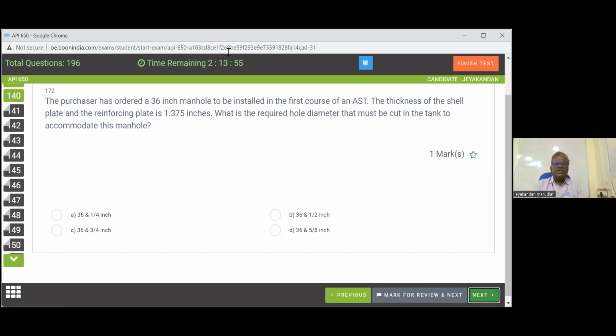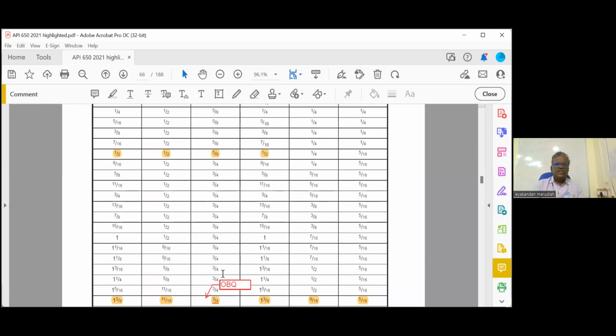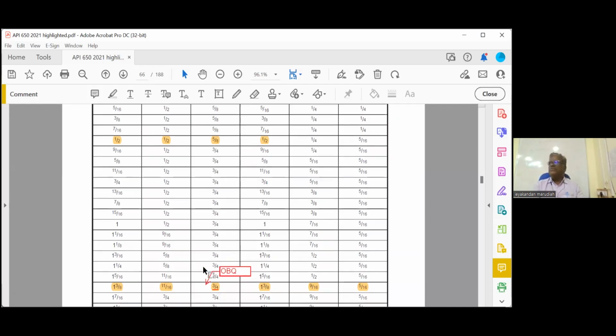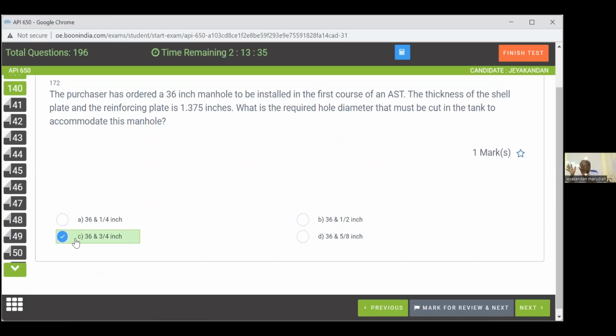How much do we have to add for 1.375 inch? What is 1.375? It is 1 3/8. So we have to add 3/4 inch. 3/8 will be 0.375. So the answer is 36 3/4 inch. 36 inch is the hole diameter, plus 3/4 inch we have to add.